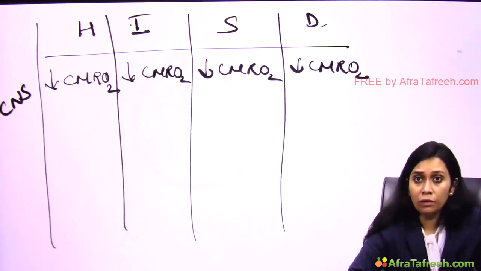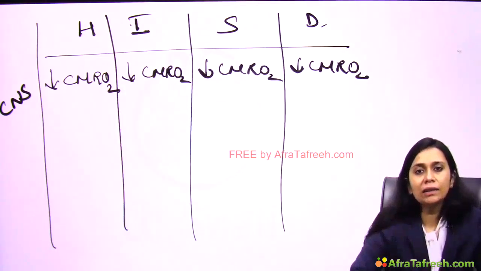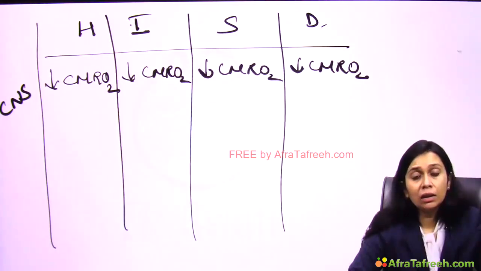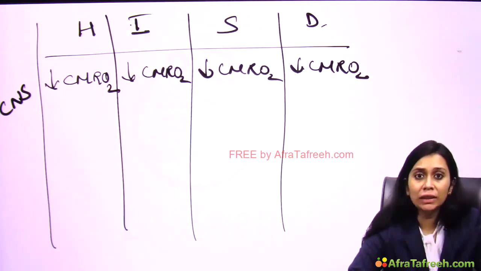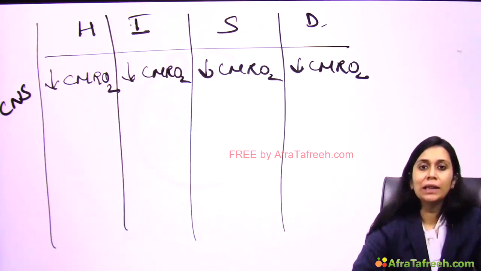Now, according to the rule of coupling which we just discussed, what should be the next statement? Decrease cerebral blood flow. All anesthetic agents follow this rule, except inhalational. Inhalational anesthetic agents have a direct effect on the blood vessels of the brain. They dilate them. And we all know, whenever blood vessels dilate, the blood flow in them would increase. So instead of decreasing cerebral blood flow, because of a direct effect on the blood vessels, inhalational anesthetic agents increase cerebral blood flow.